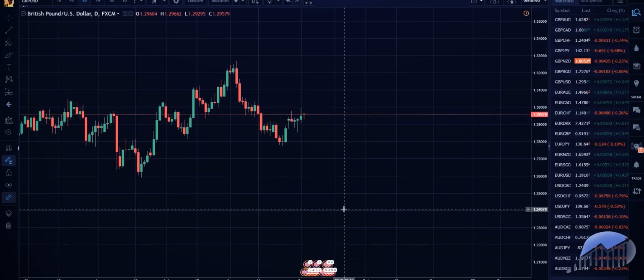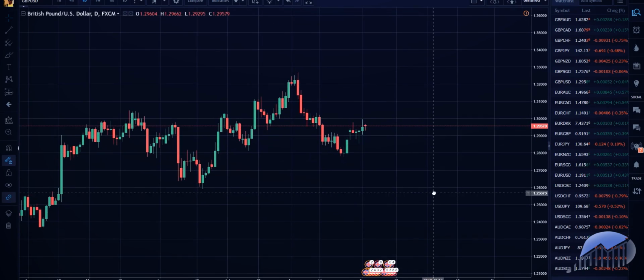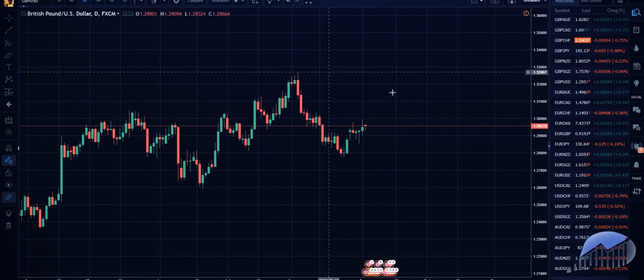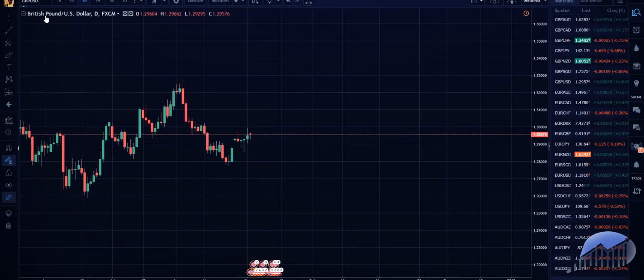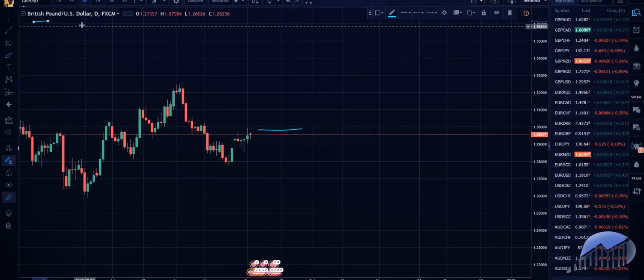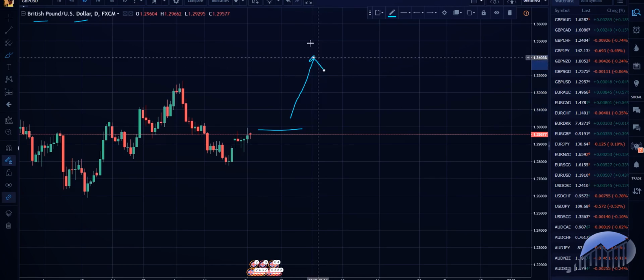Now that's generally how it works for most assets. However, in Forex it's a little bit different. When you open any kind of trade with a currency pair, you're buying and selling simultaneously at the same time. Let's take an example. Let's say I'm going long, a normal simple long trade. I want to buy the Great British Pound against the US dollar, as I expect it's going to go up, and I'm going to sell it later. When I buy this currency pair, what I'm in fact doing is buying the British pound and selling the US dollar simultaneously.